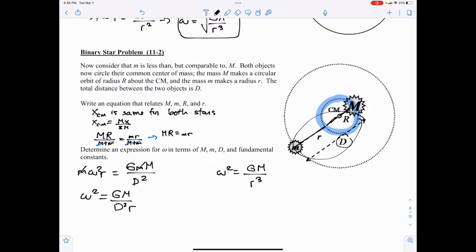So in other words, this becomes omega squared equals G times big plus little m star. But if you're combining both, then this little r has to be the same as distance d. So in other words, d cubed.